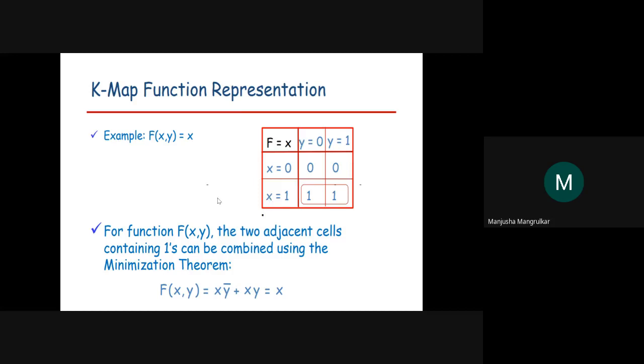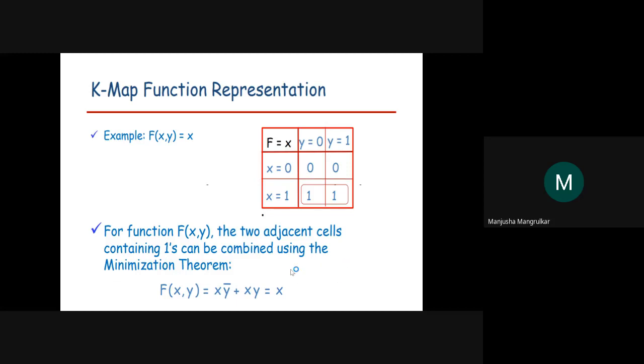So now what term will come? Only x, right? Suppose I say this one individually, what is this term? x y complement, right? What is this term? x y complement. What is this term? x y, right? If I take x common, what will we get? x into bracket y complement plus y.